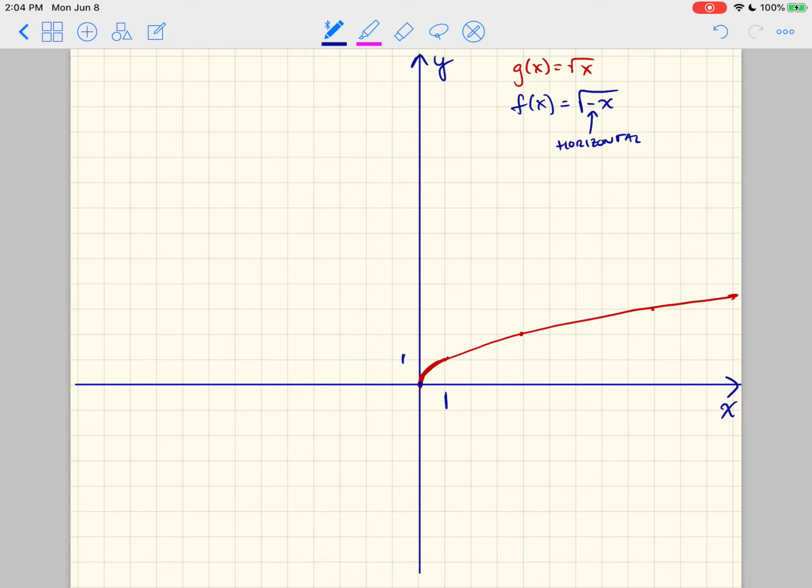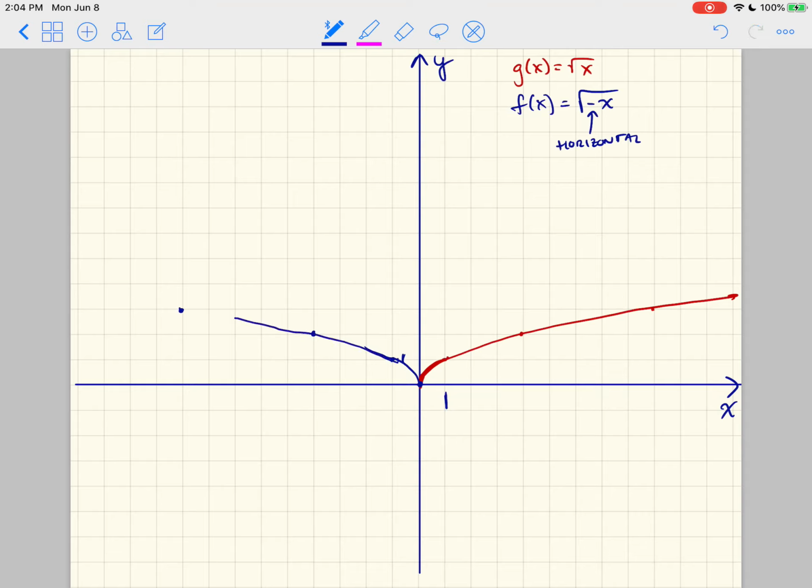So instead of going up 1 to the right 1, I'm going to go up 1 to the left 1. Then still up 1, but to the left 1, 2, 3. And then up 1 to the left 1, 2, 3, 4, 5. Up 1 to the left 7, which I'm not going to fit on this graph. But all my right movements have become left movements because my horizontal has been switched to be the opposite.